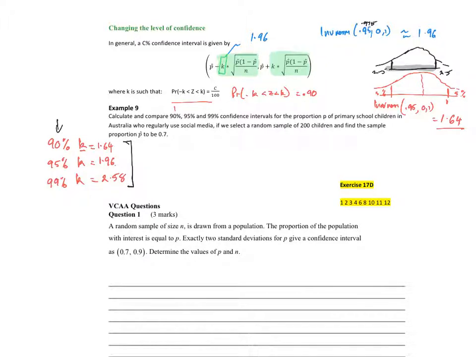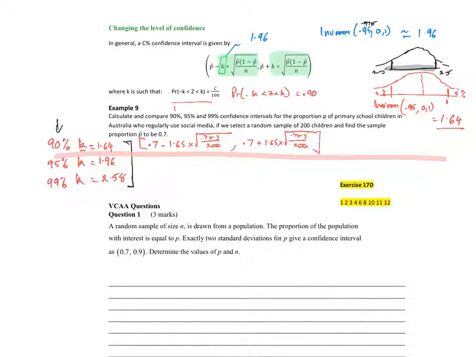So if I write down the rules for you, for a 90% confidence interval, I'm going to have 0.7 minus 1.65 times the square root of 0.7 by 0.3 over 200, to 0.7 plus 1.65 times the square root of 0.7 by 0.3 over 200, and that will give me 0.647 to 0.753.